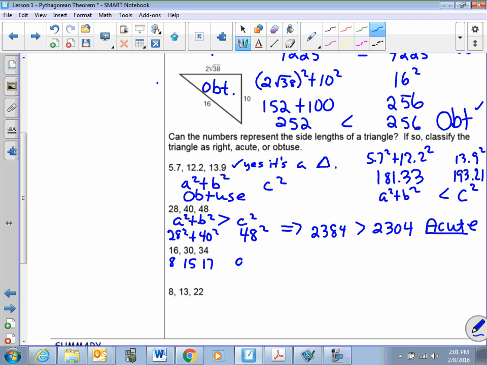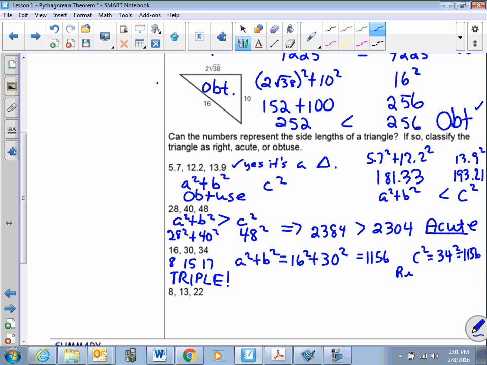What's a squared plus b squared? 16 squared plus 30 squared is 1156. C squared is 34 squared, which is 1156. So yeah, that's a right triangle because this is a triple. Memorize it. Don't forget it. Pythagorean triple right there. Save yourself a lot of time on your test and quiz if you memorize these. If you don't, you might run out of time. So this is a right triangle.